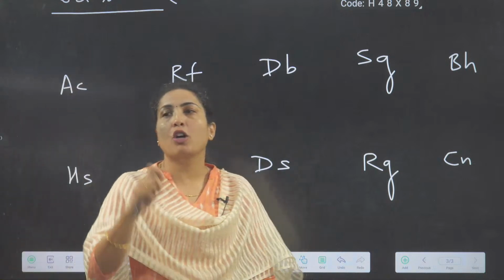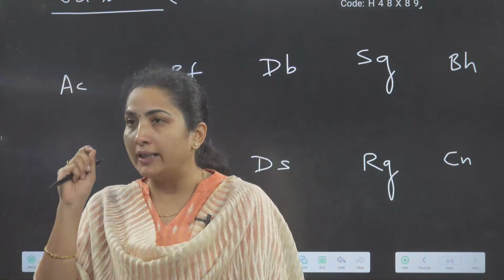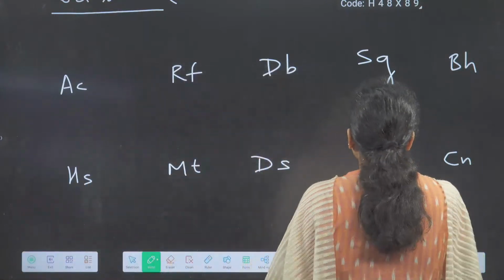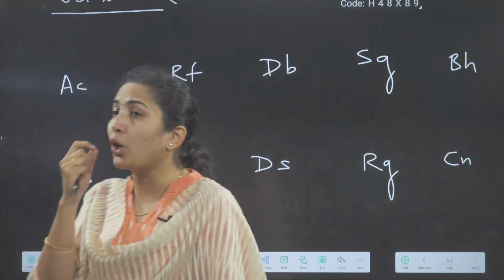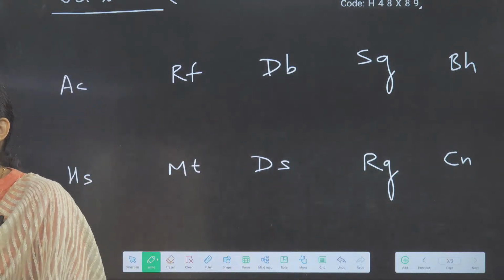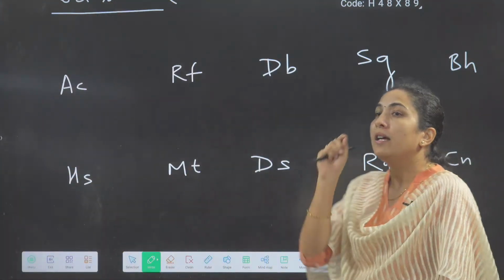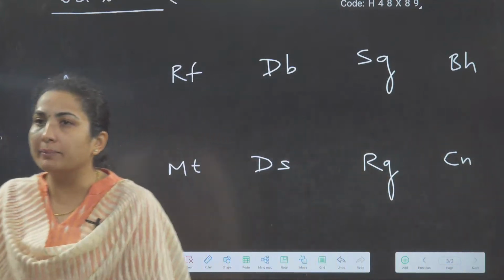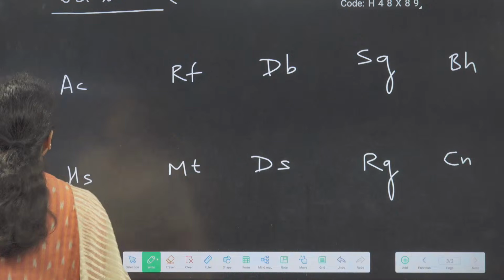DS stands for darmstadtium. Then you have RG, which is Röntgenium. And CN is Copernicium. So we are going to first write down the names of all these elements here.